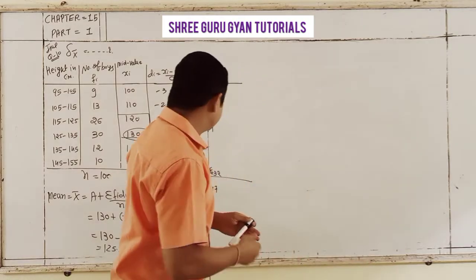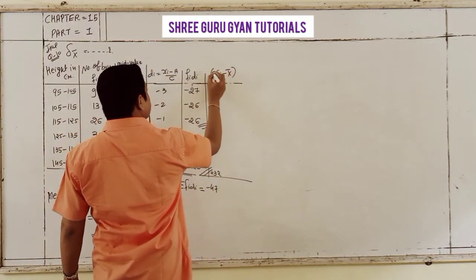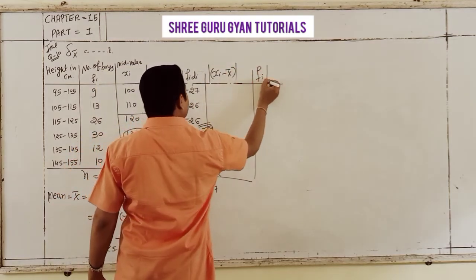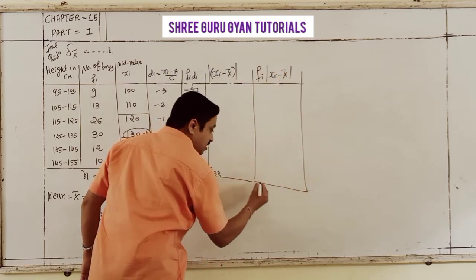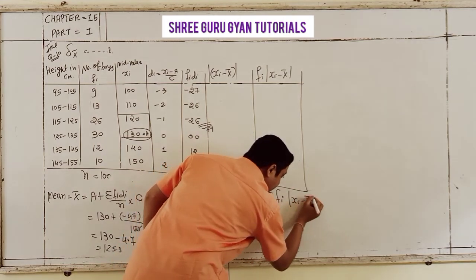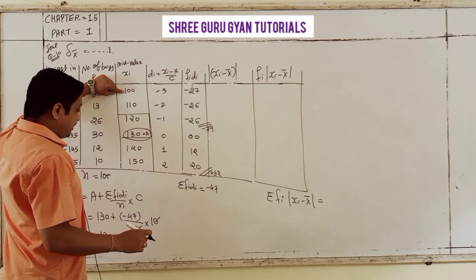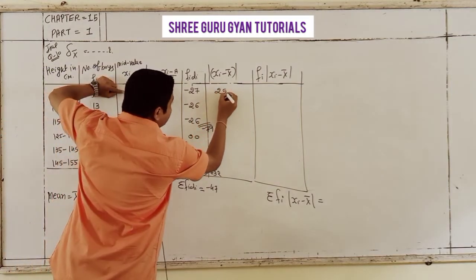Here I first prepare xi minus x bar in modulus, and secondly fi times xi minus x bar, and the total gives the answer. Now xi 100 minus 125.3 is 25.3.